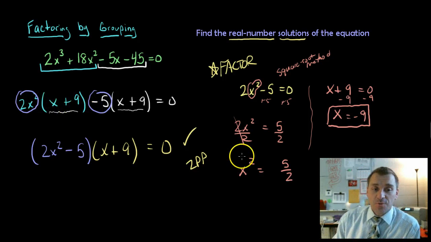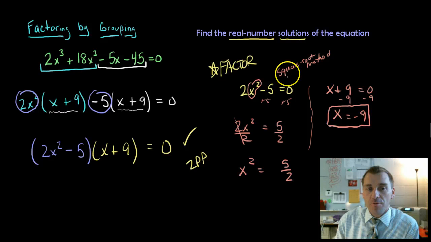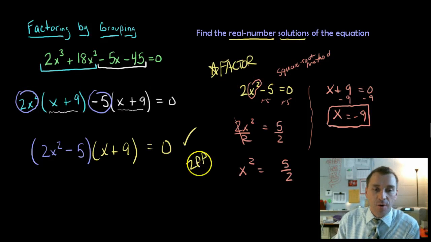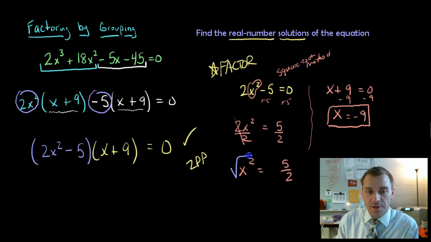Now that I've got the square thing by itself, with my square root method, remember, I must take the square root of both sides to free my variable from the squared. But remember, there's that plus or minus we have to put in there too. Don't forget, it's a plus or minus when you do square root of both sides. So these cancel out.